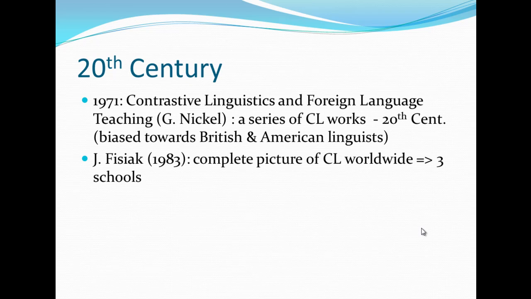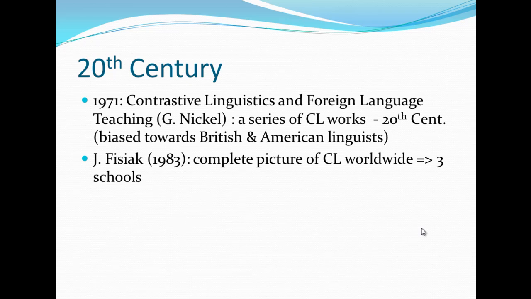Now, there was not much research on contrastive linguistics during the first part of the 20th century. But after World War II, there was a boom, especially in the Western bloc, a boom in business exchange, a boom in culture exchange between America and Europe.